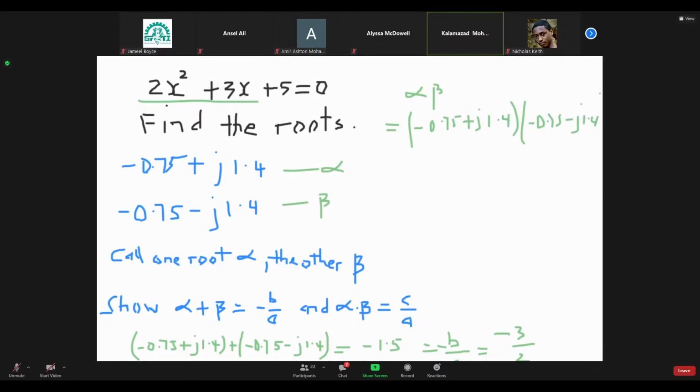And we realize that that is the complex conjugate.